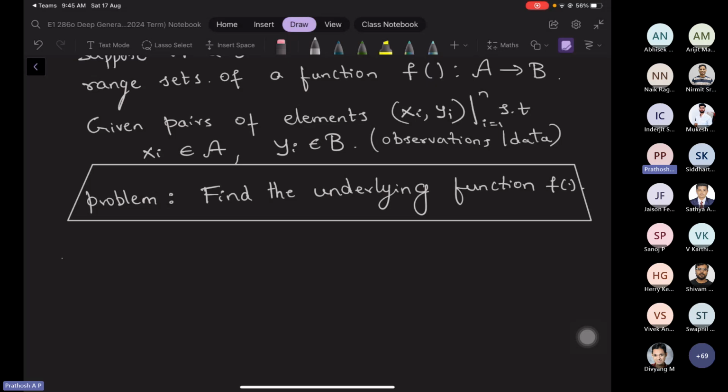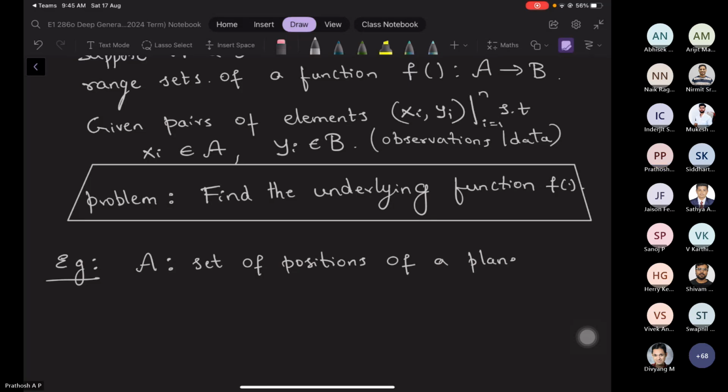Let me give you examples. Let's say A is the set of positions of a planet in the sky. By positions, I mean the coordinates.